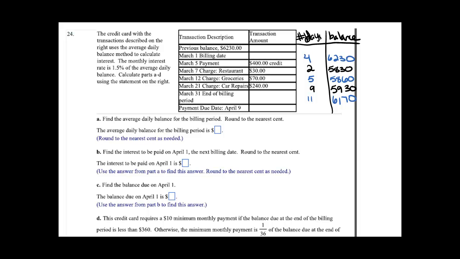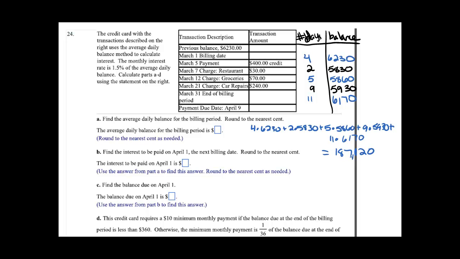To figure out our average balance now, we're going to take 4 times 6,230 plus 2 times 5,830 plus 5 times 5,860 plus 9 times 5,930 plus 11 times 6,170, and that totals up to $187,120.